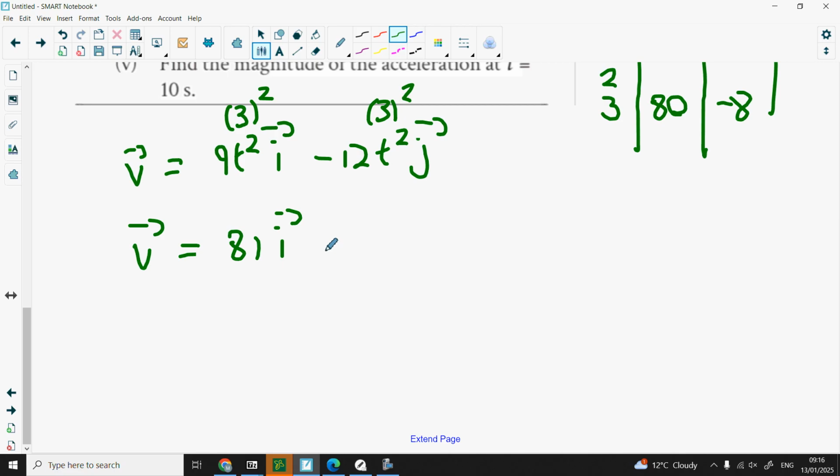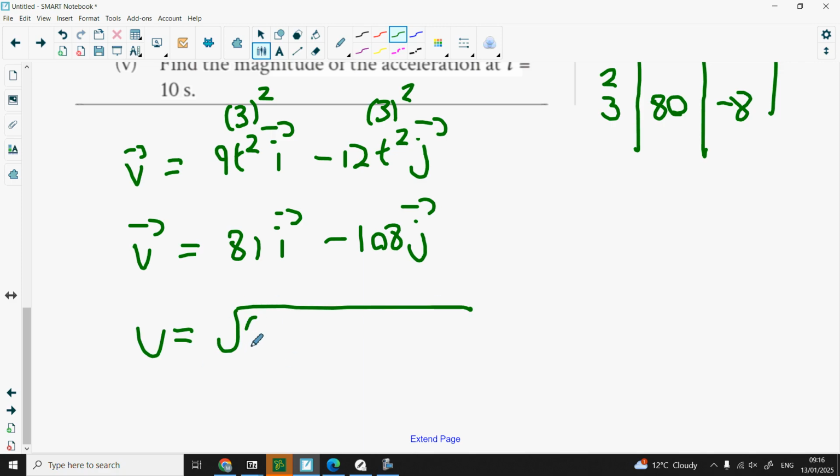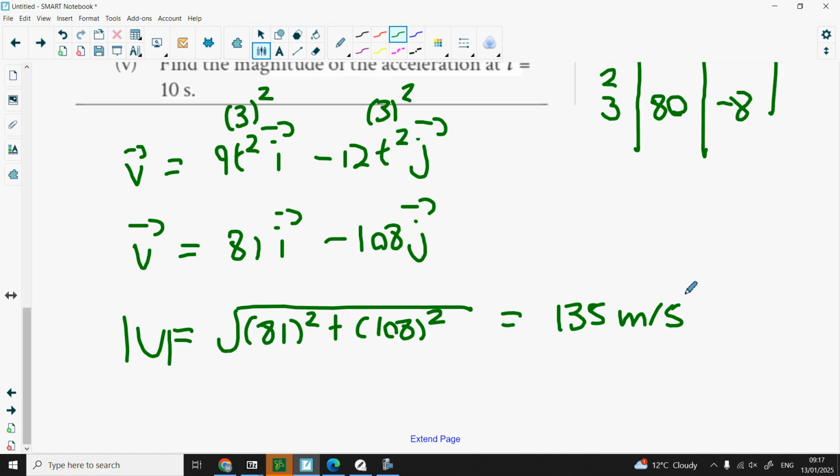Okay, minus 108j. And then we're going to square them out. Let me know what you get. That's for the velocity, because you're doing Pythagoras' theorem to find the speed. 135 meters per second. You cool with that?